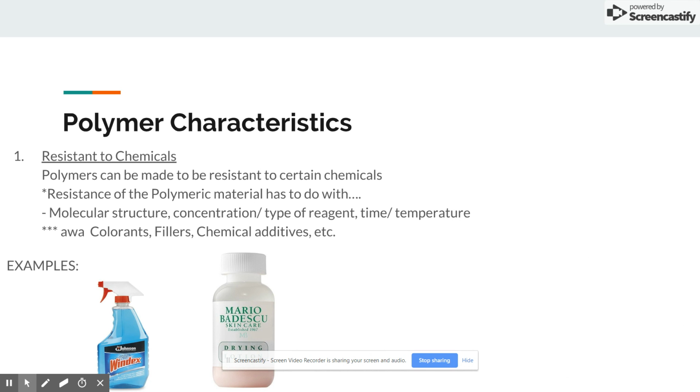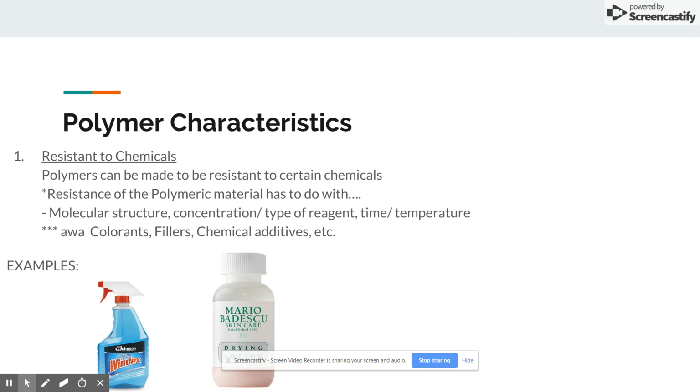Polymers have various characteristics. The first one is that they're resistant to chemicals. Polymers can be made to be resistant to certain chemicals, and for it to be resistant, it has to do with the molecular structure, concentration, time, and temperature, as well as chemicals and additives, which all come into play to make the plastic resistant.